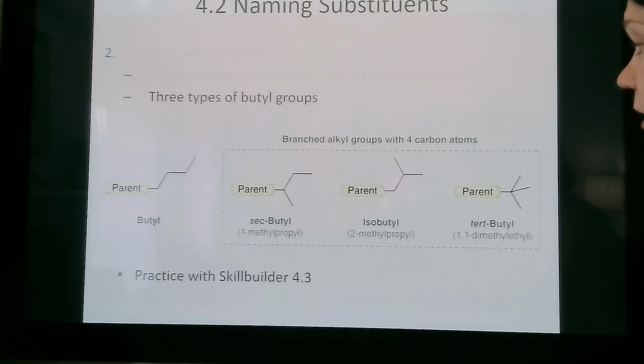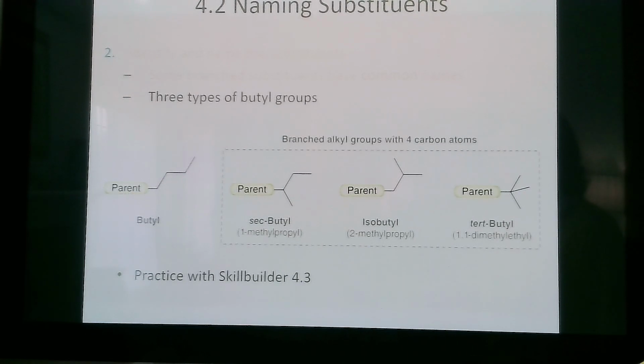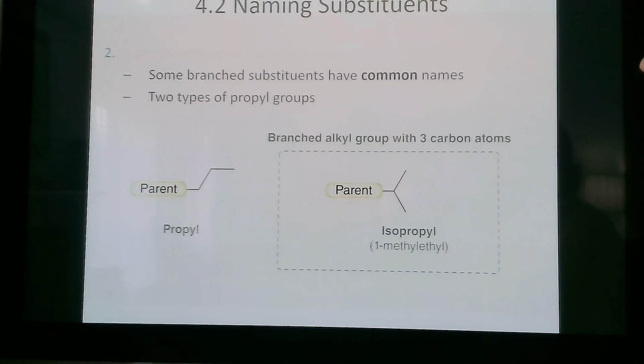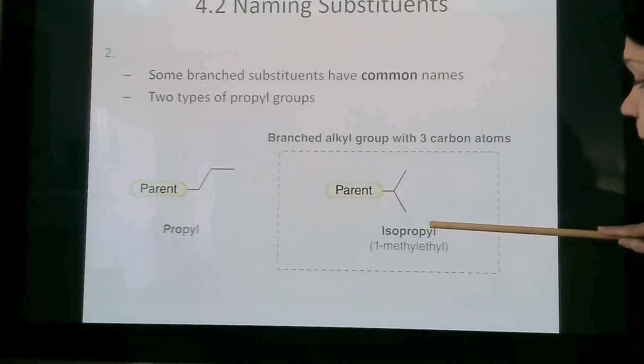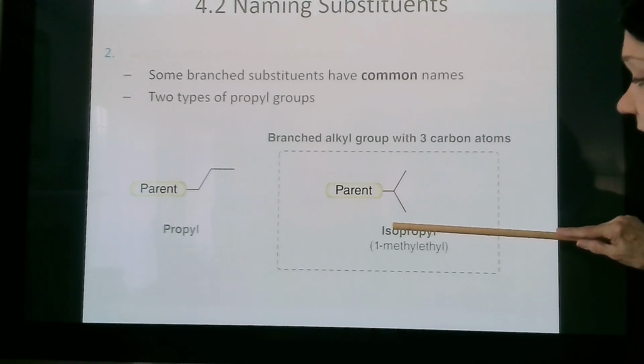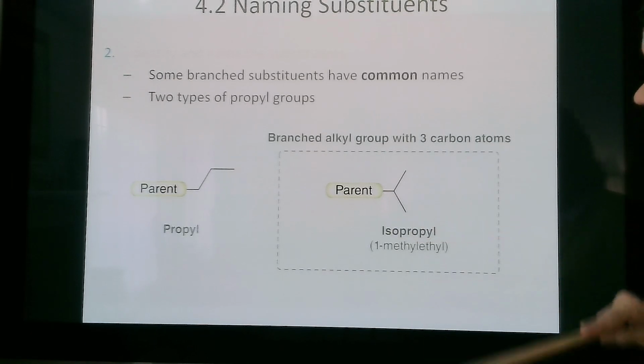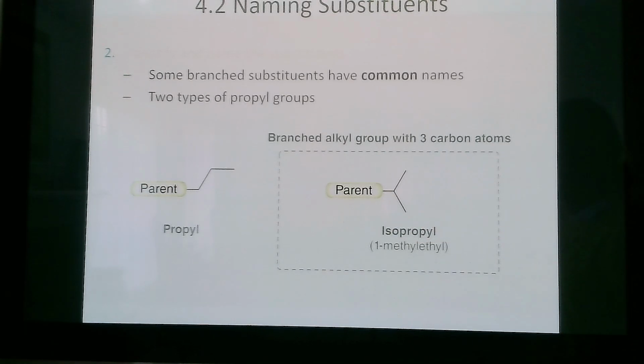And let's go back and look. Let me see if I can get this to go back. Yes. Do you notice here in isopropyl, there's no hyphen. This is not italicized. So there's the pattern that you have.